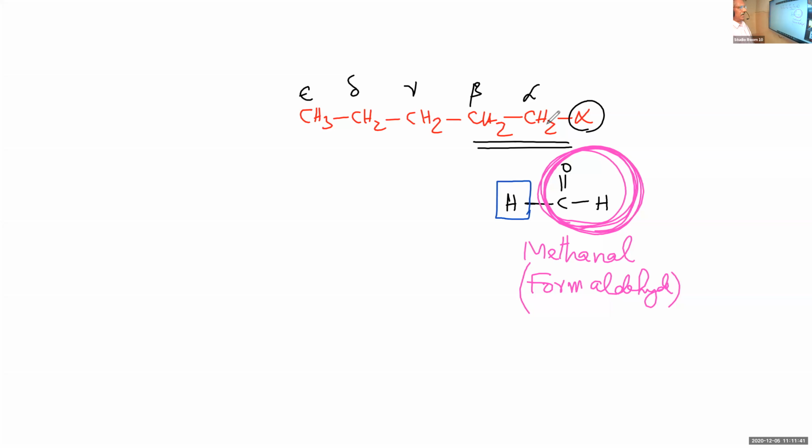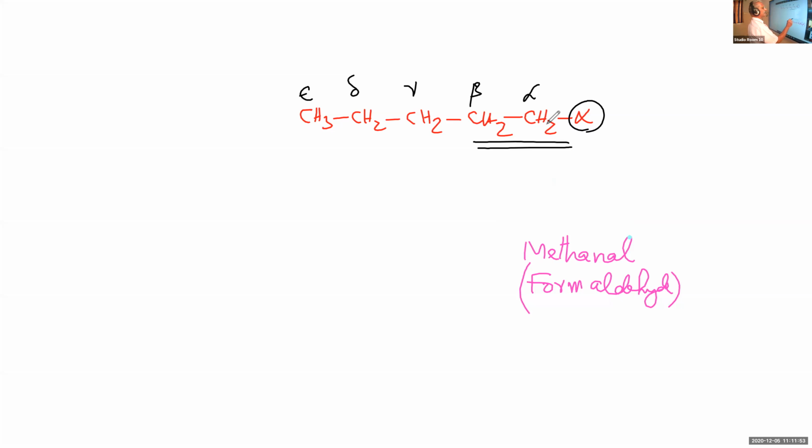But you come to the example shown here. In that there is an alpha carbon, and therefore there are alpha hydrogens also.